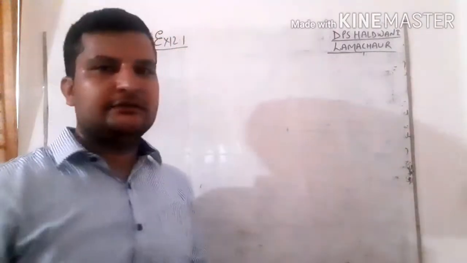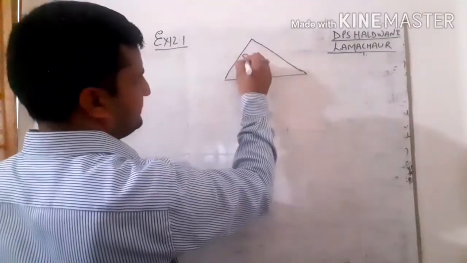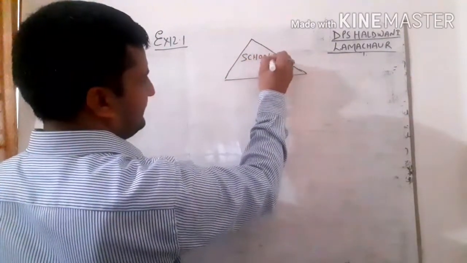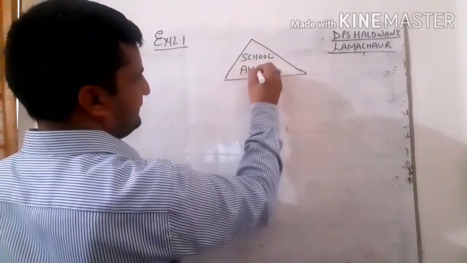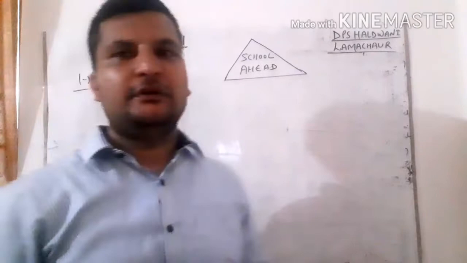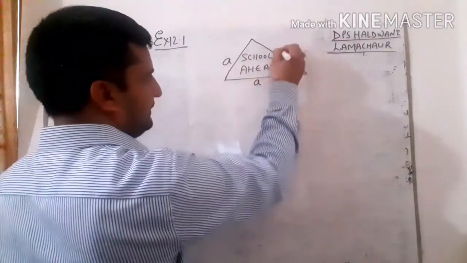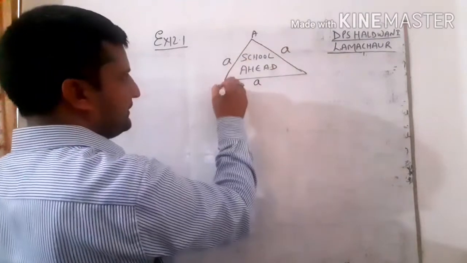A school board, school ahead. A signboard is here like this. It is written that school ahead, and all the sides of this board are a. This is question number 1.